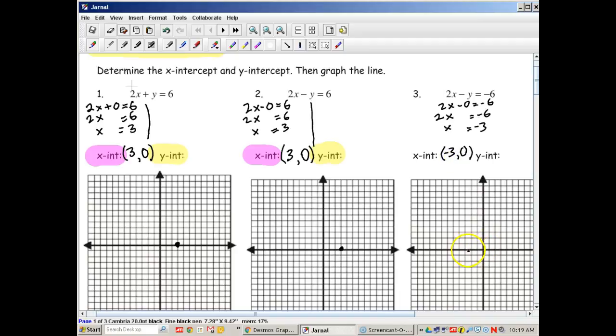Yeah, so we got 1, 2, negative 3 to the left from the origin, instead of to the right. Not too bad. So that's the really new part. We haven't done anything with x-intercepts, but you can see, plug in 0 and figure out what x equals, not too bad.